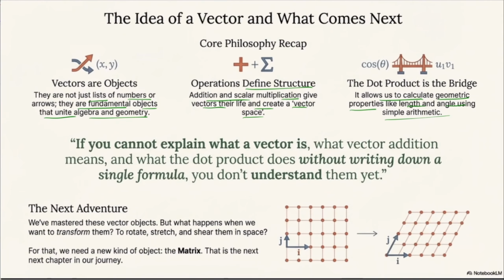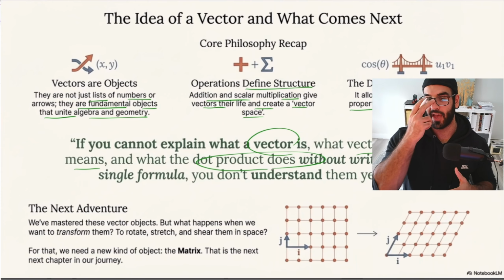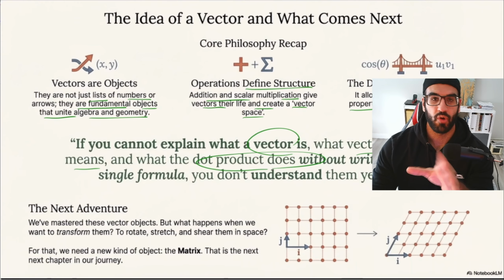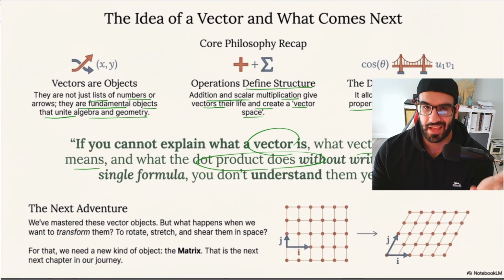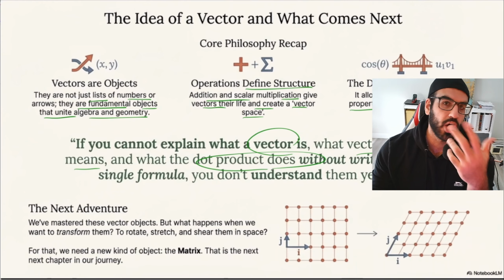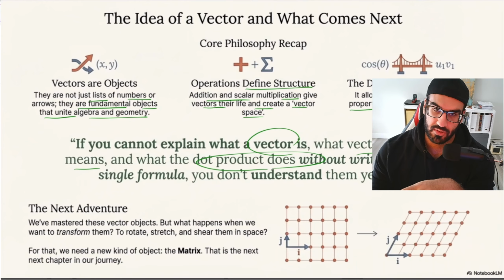The very important concept is, if you cannot explain what a vector is, what vector addition means, and what the dot product does, you are not going to understand anything related to vectors. So guys, I have to emphasize this part. Right now, we're talking about advanced algebra, and we touched on vectors.